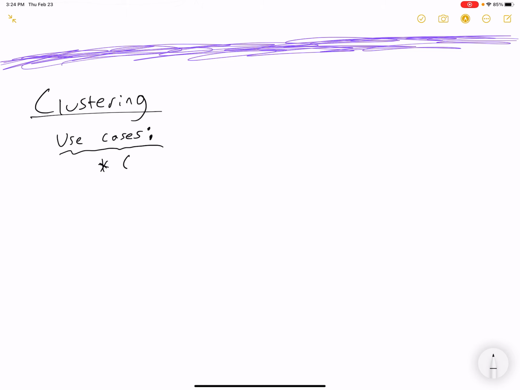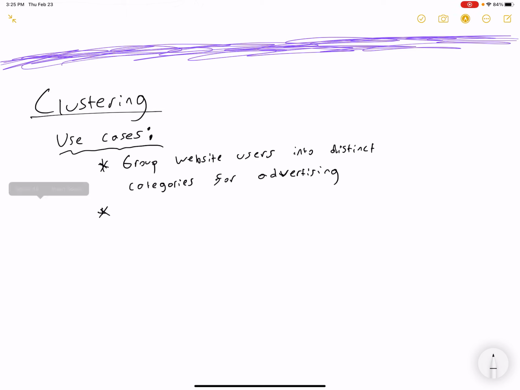So we might want to group website users into distinct categories for targeted advertising. I mean, I would never want to do that, but the big companies want to do that. And they'll pay you a lot to do that to other people.